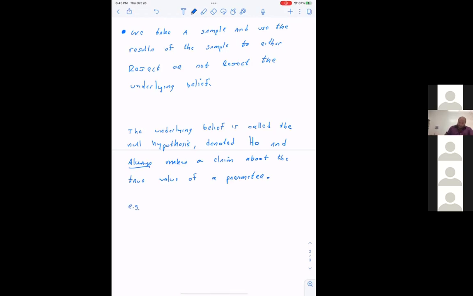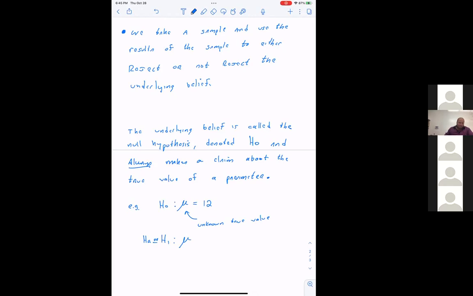For example, I might say the null hypothesis says that the true average of subway footlongs is 12 inches. I'm going to claim that the true mu, this unknown true value, is equal to 12. And in this case, my alternative hypothesis, HA or H1, is to say, no, the unknown mu is not 12, but rather the actual mu, the true unknown mu, is rather what? What is my claim in my subway example?